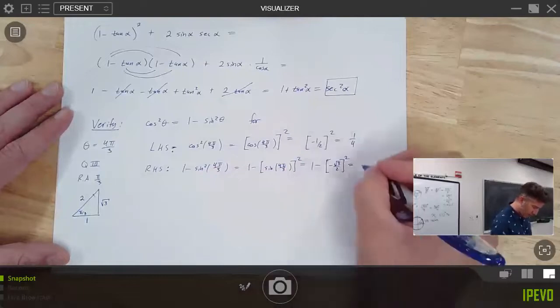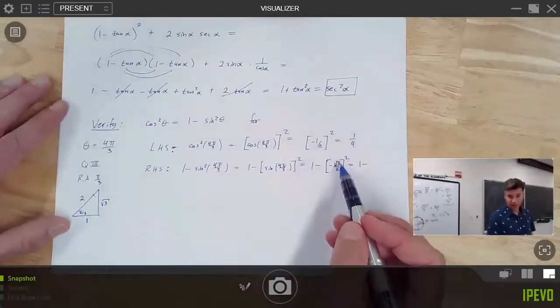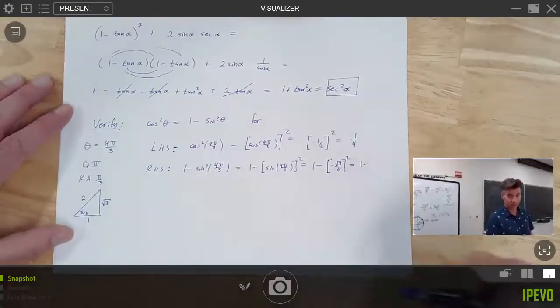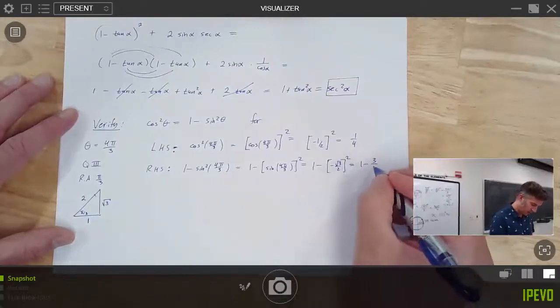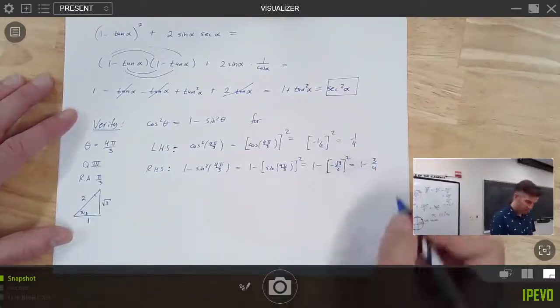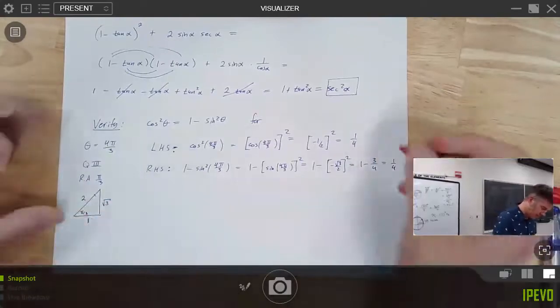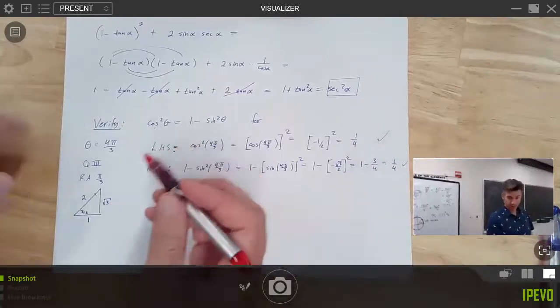So we get 1 minus, and a negative number squared is always positive, so we're subtracting a positive number. Root 3 squared is 3, and 2 squared is 4. And 1 minus 3/4 is 1/4. And look, they're the same. That's what we wanted: cosine squared theta equal to 1 minus sine squared theta.